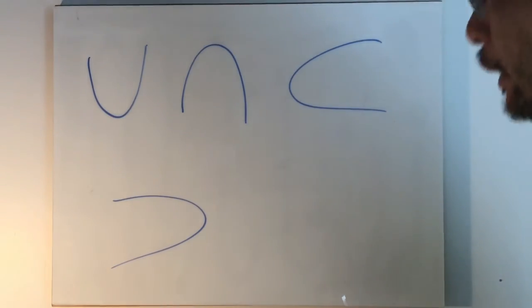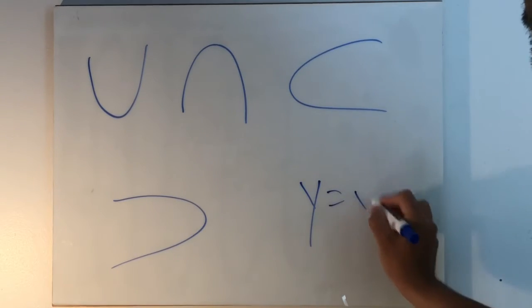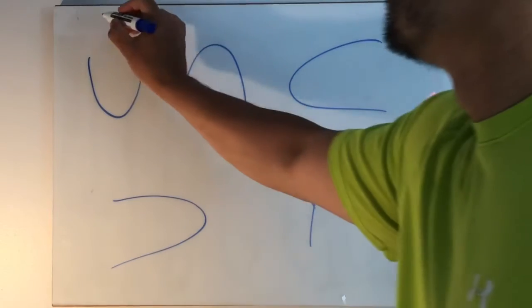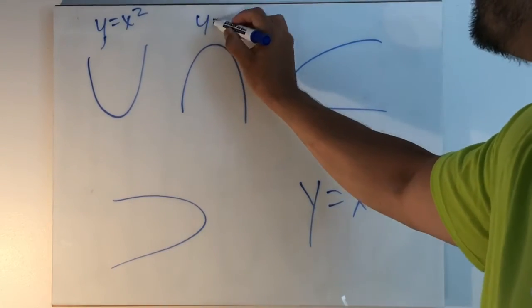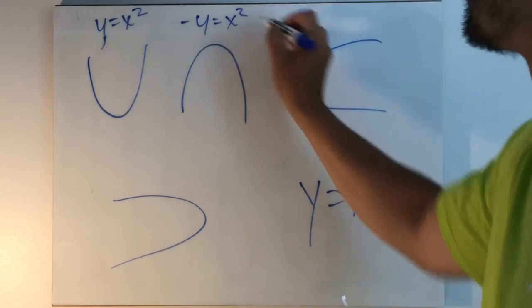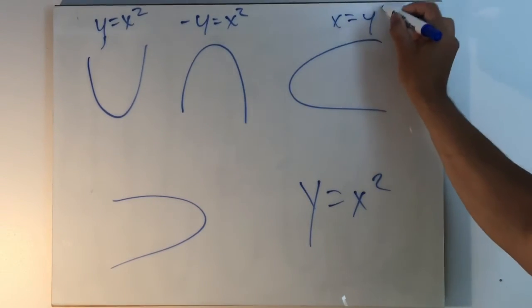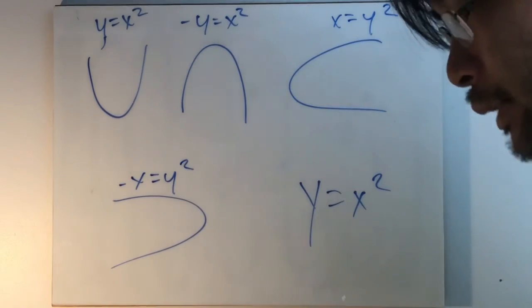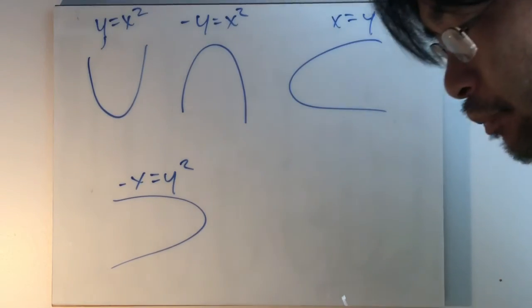If we're drawing, our equation used to be y equals x squared, and this one was negative y equals x squared, and then this one is simply x equals y squared, and this one is negative x equals y squared. So that's the 4 that we've done probably since Sec 2, maybe Sec 3.